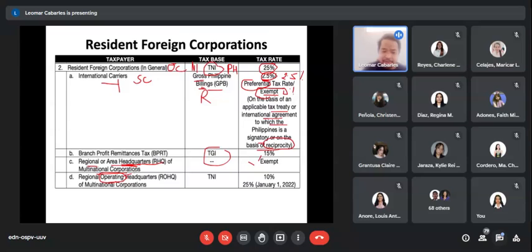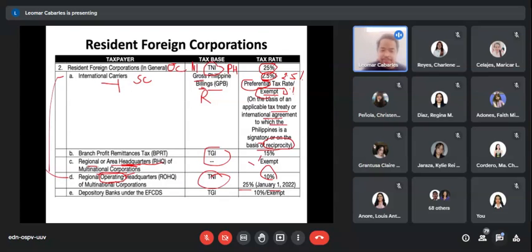But if it is operating headquarter, then taxable na siya. Dati siyang 10%, but starting this year, 25% na siya. So parang this will become an ordinary corporation.